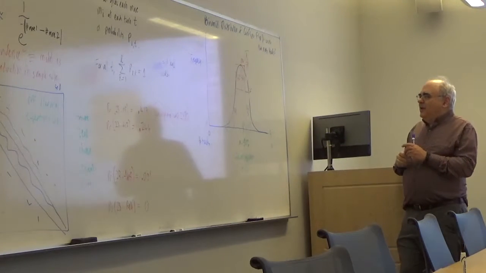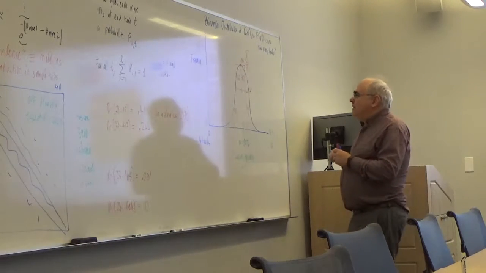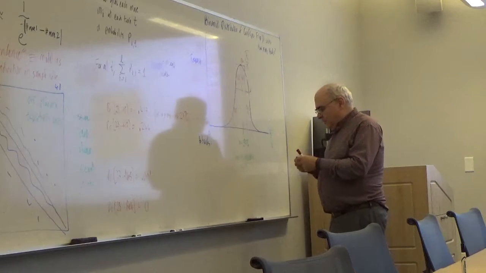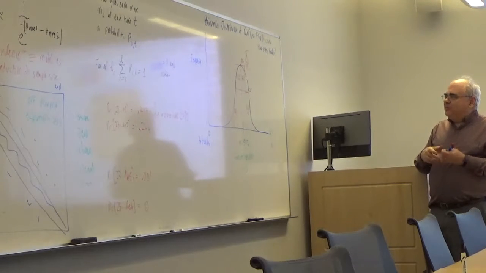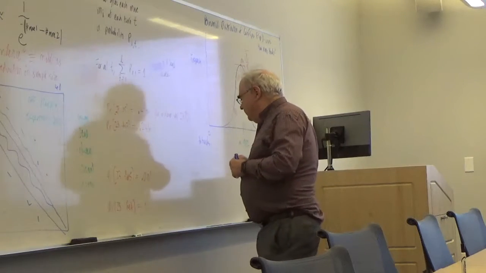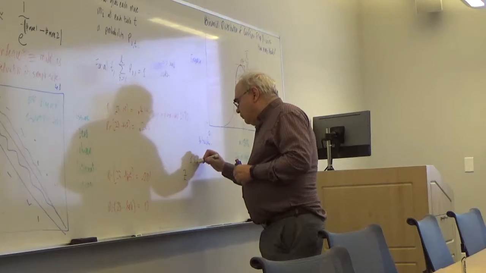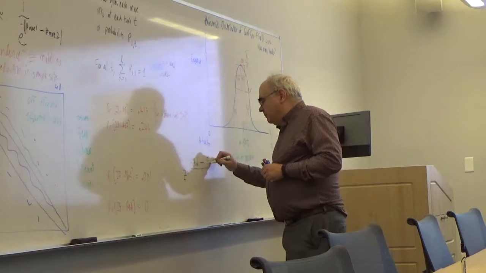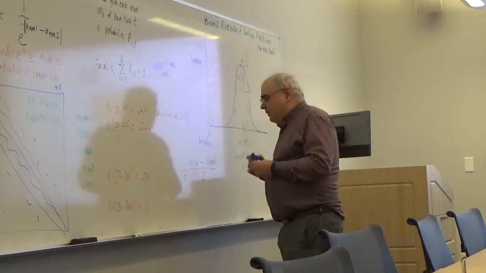And the ratio of the actual result minus the expected result divided by sigma gives something called the z-score. So the z-score is the actual minus the expected, divided by the standard deviation.